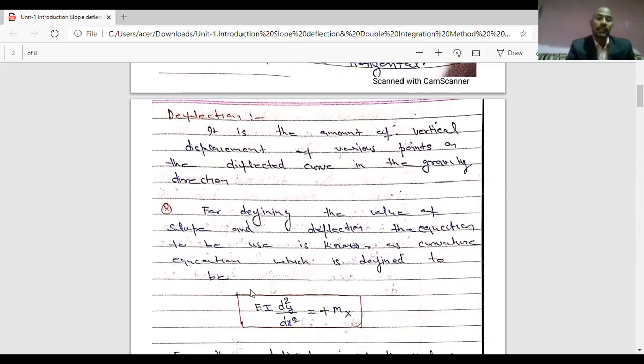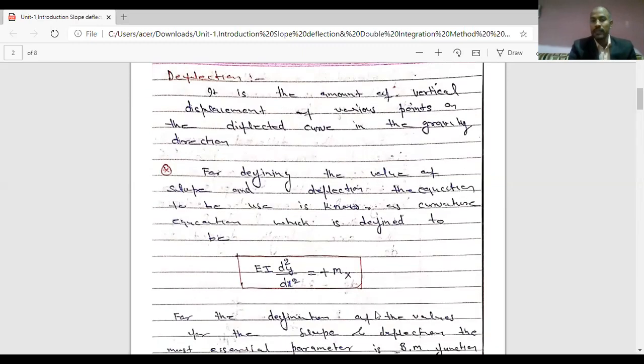So EI is the flexural rigidity. Here E is the Young modulus, I is the moment of inertia, right? Mx is the bending moment at any section XX of the beam.